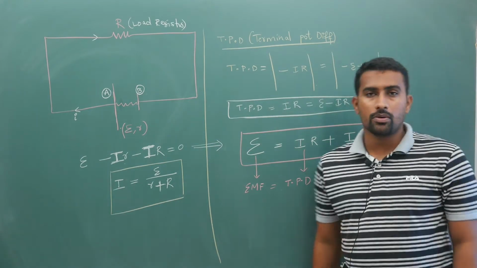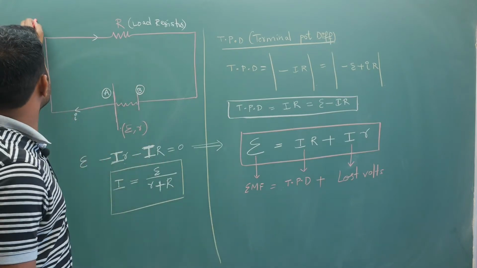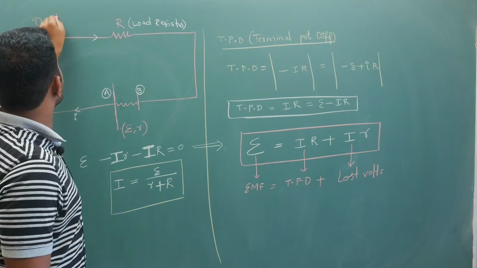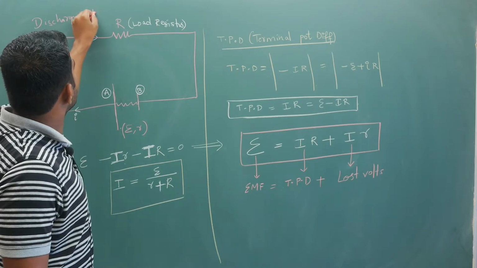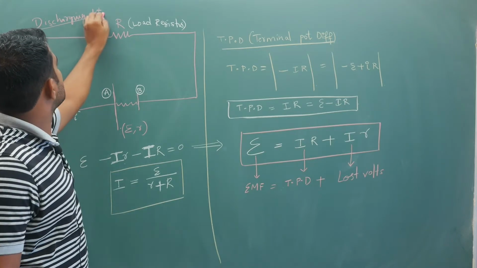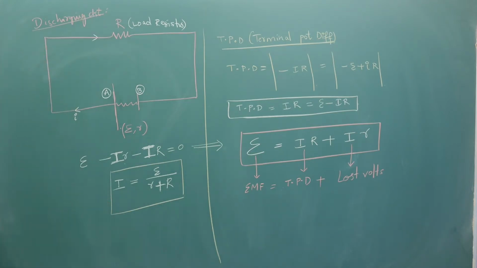Now an important point: this circuit is a discharging circuit. Discharging means your current is actually being lost.